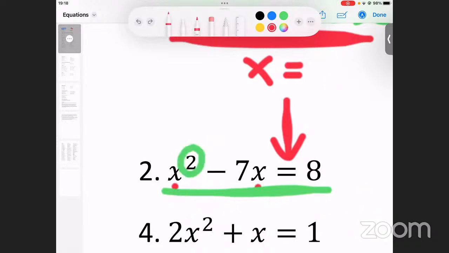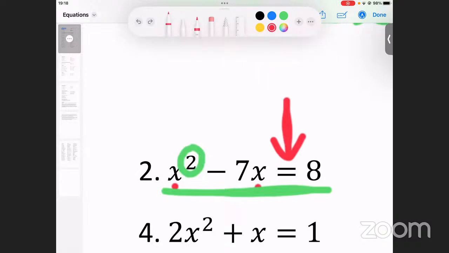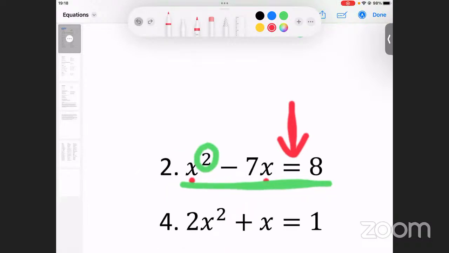So now, the most important question is that quadratic equation in the standard form. So it is the quadratic equation that you need to worry about it being in the standard form. When it comes to linear, it doesn't need to be in the standard form. But always for a quadratic, it has to be in the standard form.